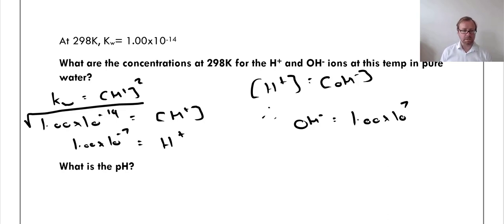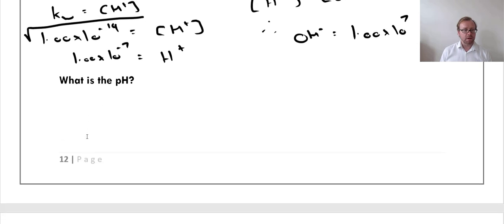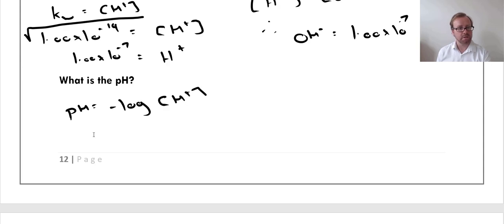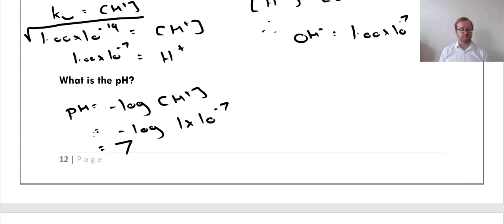Okay, right, so we can now say, what is the pH? So my pH again is minus log of the concentration of H+, which equals minus log 1 times 10 to the minus 7, which gives me a value, unsurprisingly, of 7.